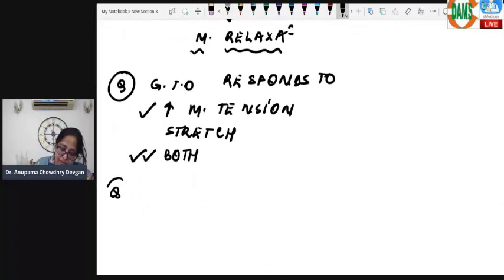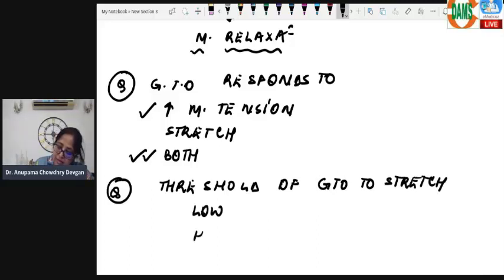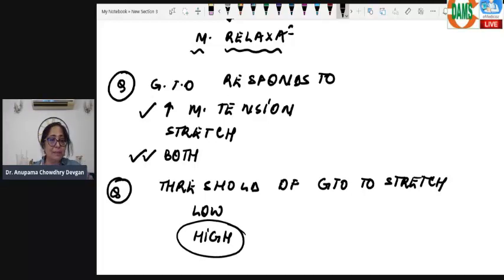Second important question. Threshold of the Golgi tendon organ to stretch. Is it low or is it high? Remember, the stretch has to be excessive. So threshold of the Golgi tendon organ to stretch will be high.